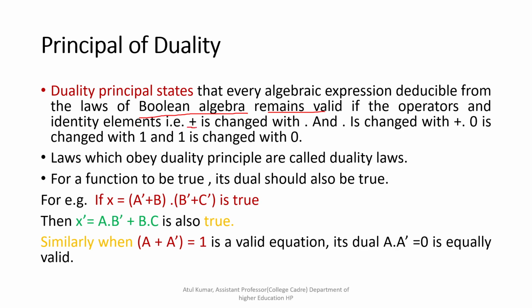That is, if we change the plus sign with the dot sign and the dot sign with the plus sign, and 0 with 1 and 1 with 0, then that algebraic expression also remains valid.